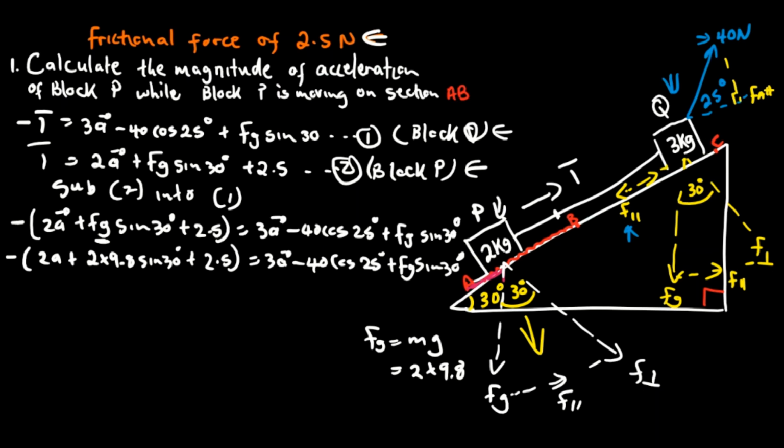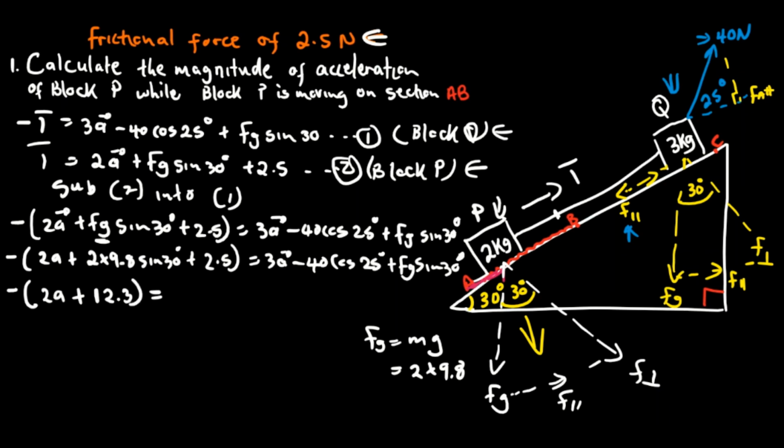Now let's add these two up using your calculator before you multiply with this negative sign. So we have negative sign into 2a plus, punching my calculator, 2 times 9.8 sine of 30 plus 2.5. I'm getting 12.3.